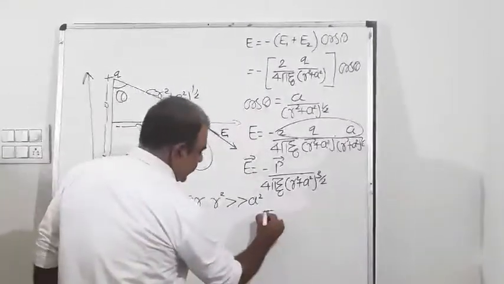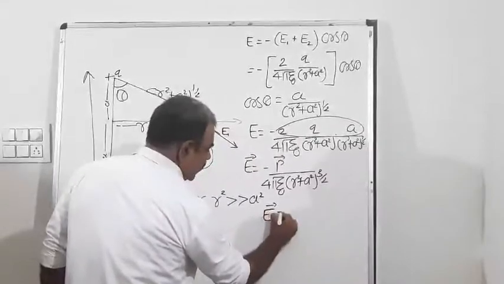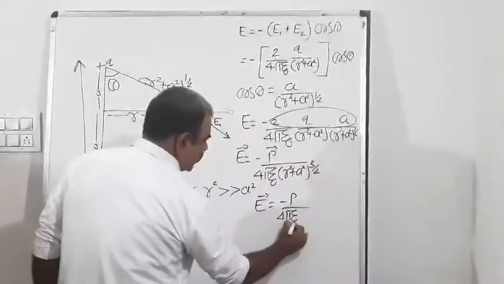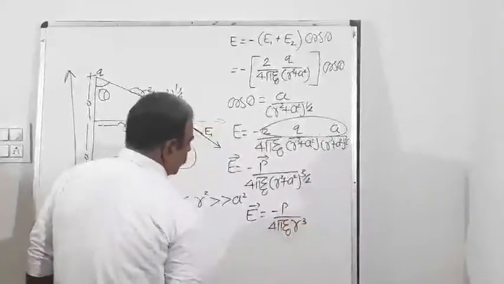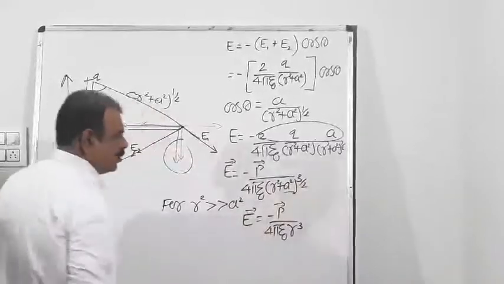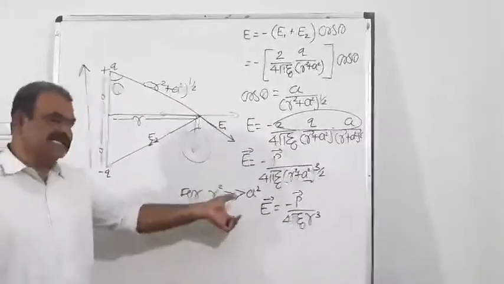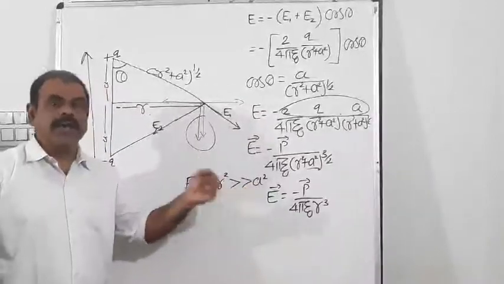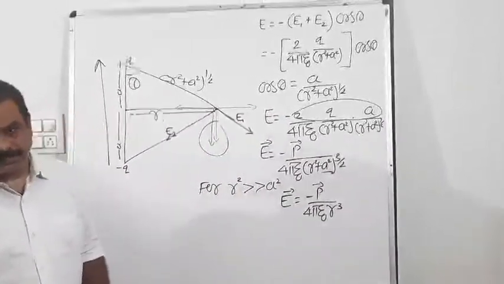What will be the equation? E equals minus P over 4 pi epsilon 0 r cube. You have neglected a square, so r square raised to power 3 by 2 becomes r cube. This is the electrical field intensity on the equatorial line of an electrical dipole.